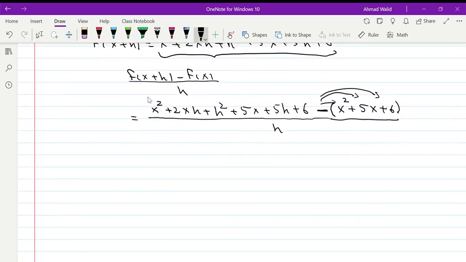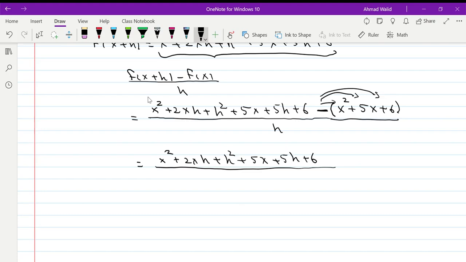Usually it is possible. x squared plus 2xh plus h squared plus 5x plus 5h plus 6. Distribute the negative. Minus x squared minus 5x minus 6 over h.